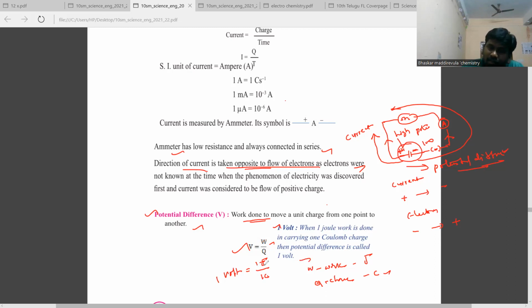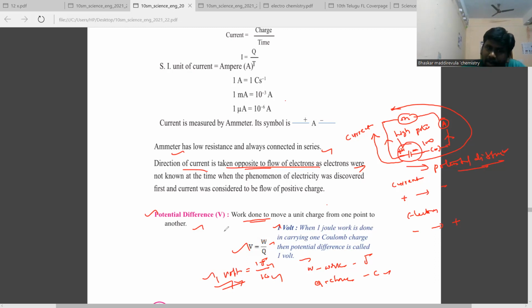Simple: if the work equals 1 joule and the charge equals 1 coulomb, automatically the potential difference equals 1 volt. So this is about potential difference.